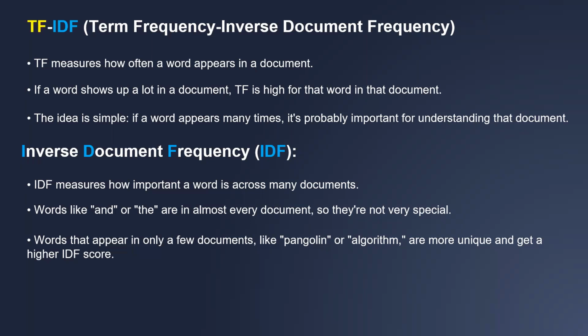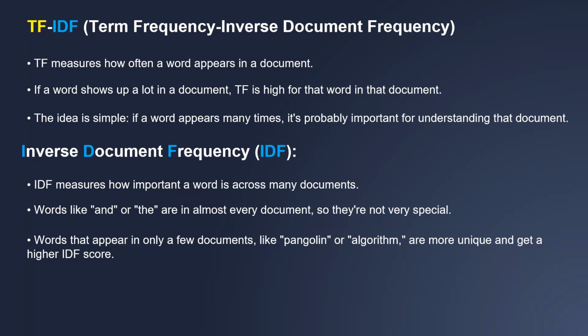Whereas a word that appears only in a few documents, like pangolin or maybe algorithm, is more unique, and so it gets a higher IDF score. So if a word carries more weightage, you will have a higher IDF score.